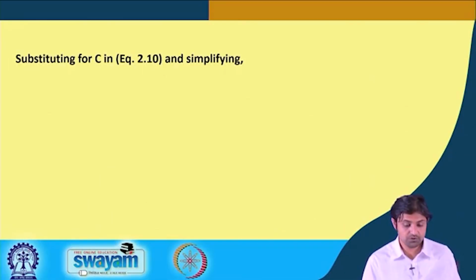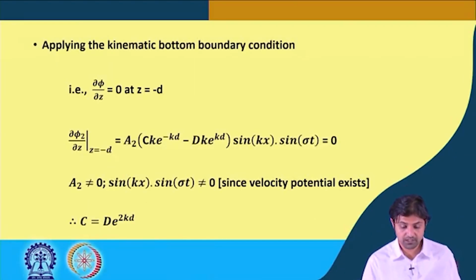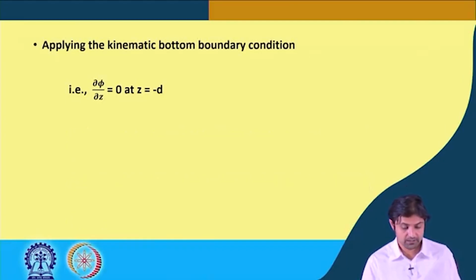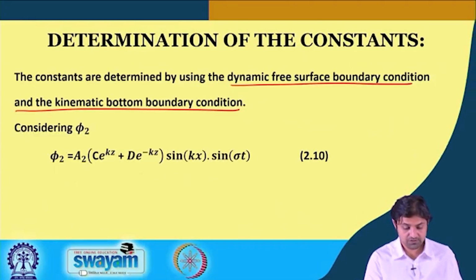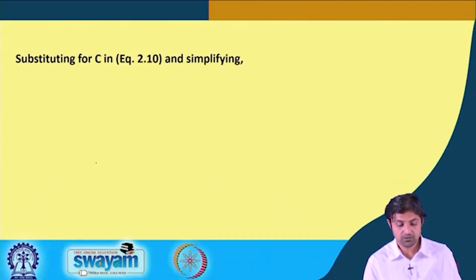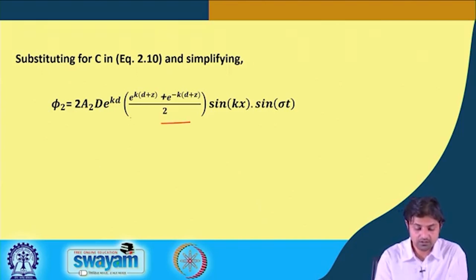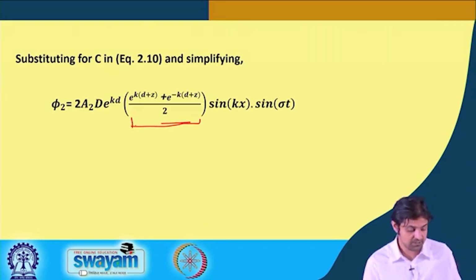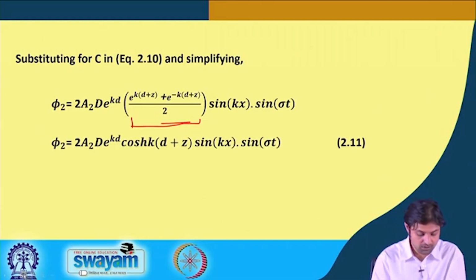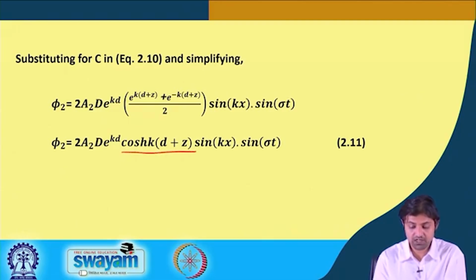Now, if we substitute for c in equation 2.10, so instead of c we put d into the term that we have got, we are going to get phi 2 equal to 2a2 d into e to the power kd, into sin kx sin sigma t, or simply we can write this as cosh k(d plus z).